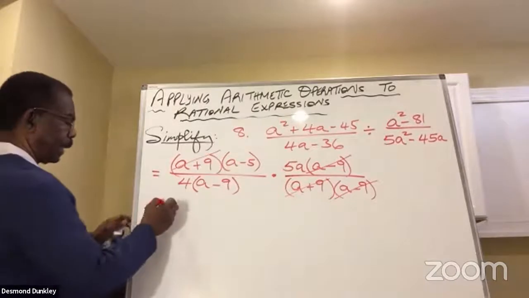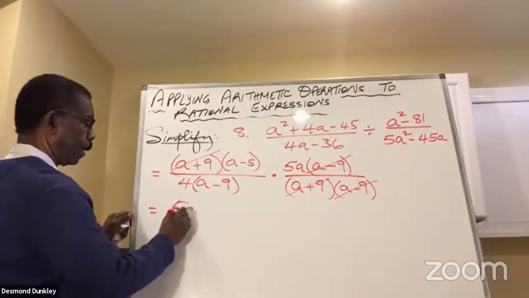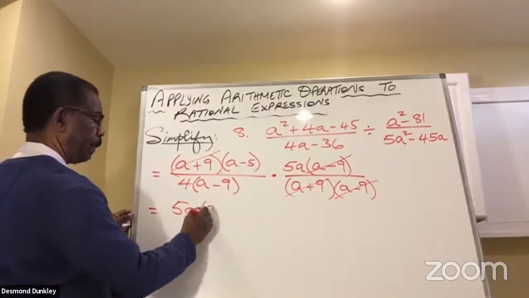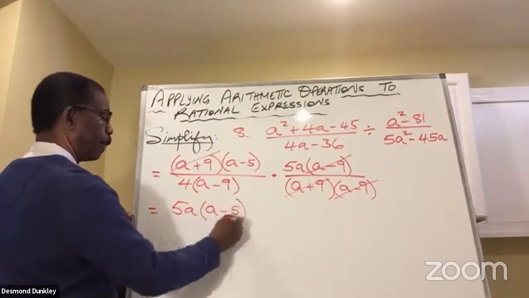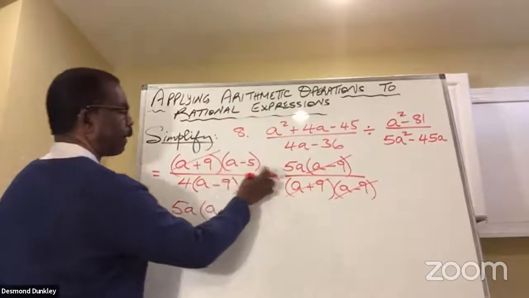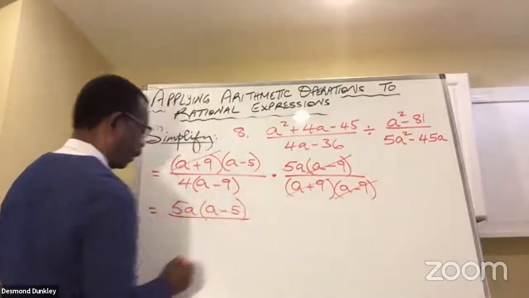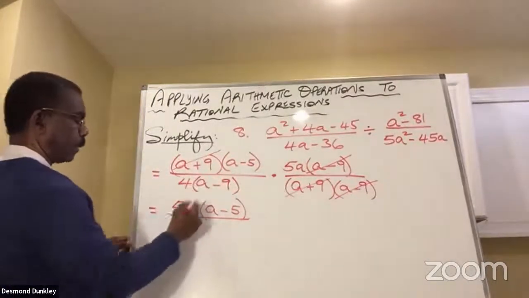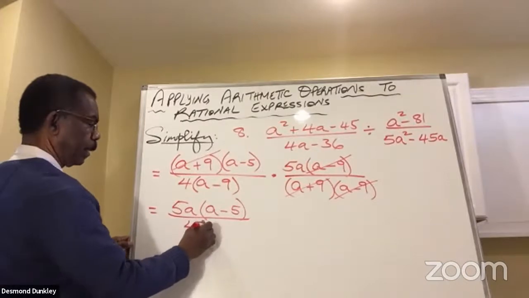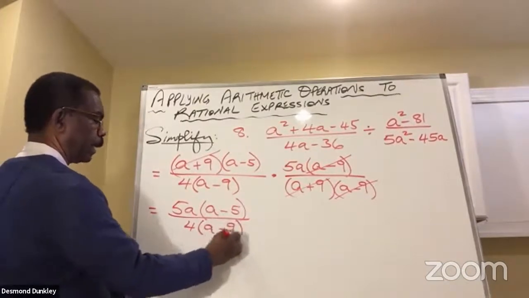So I can go ahead and write 5a times a minus 5. I could have written it as a minus 5 times 5a, but this looks better. Over, the bottom is just 4 times a minus 9.